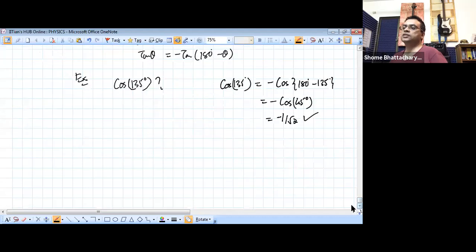Similarly, suppose I ask you what is tan 120 degrees. We'll use this formula. Tan 120 will be minus of tan 180 minus 120, which is 60. So it will become minus root 3.